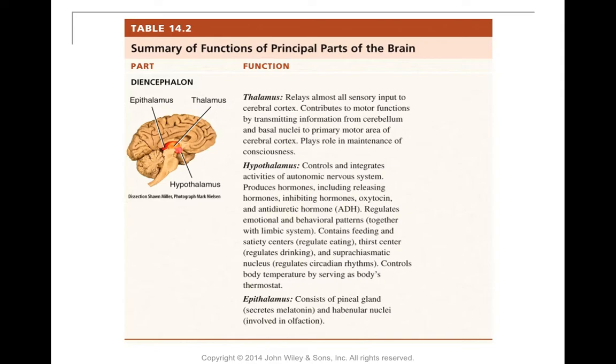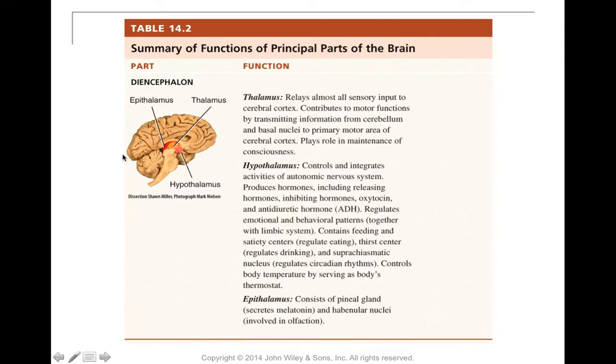That's going to include inhibitors or releasing hormones of particular molecules, also things like ADH, which is involved in water reuptake, and oxytocin, you may have heard of that as the love chemical, etc. I'm not going to ask you these specifics, but it's involved in the release of a lot of different hormones and biomolecules that are going to help regulate your emotional behavioral patterns. Again, it's going to be involved in thirst and hunger and satiation centers, and involved in the circadian rhythm regulation. It also is going to help control your body temperature.